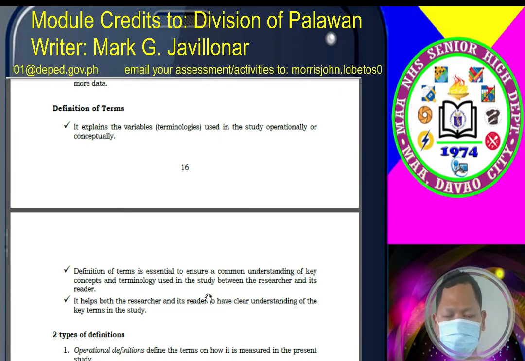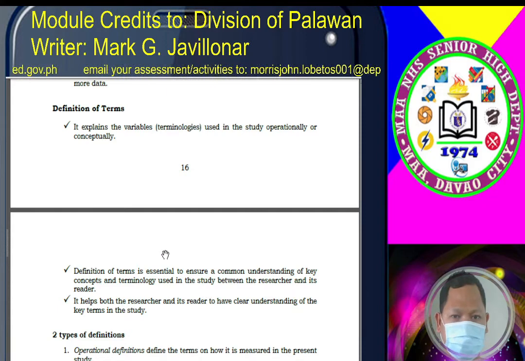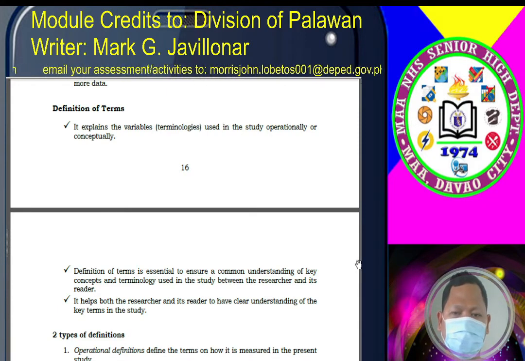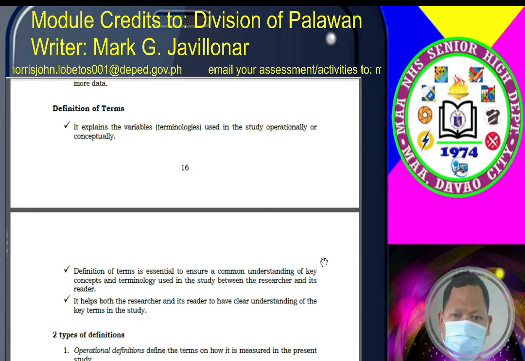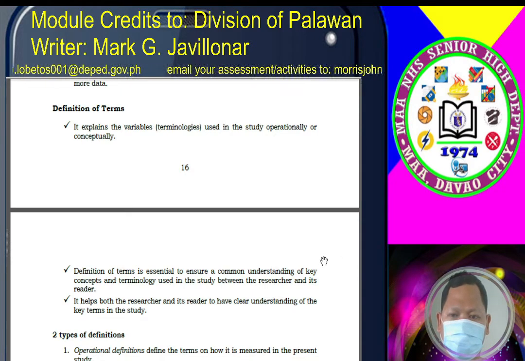So that's why in your study you need to have this definition of terms so that the readers can understand what you mean by this concept or how you use this concept in your research. Their ideas might be different from yours, so to have a common understanding, you must have this definition of terms.